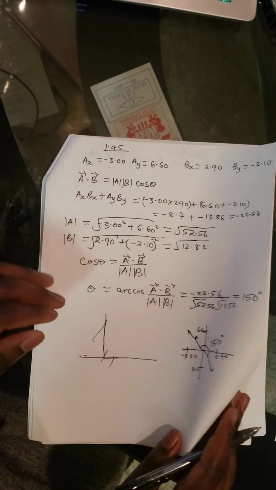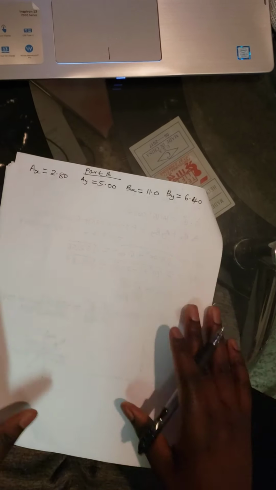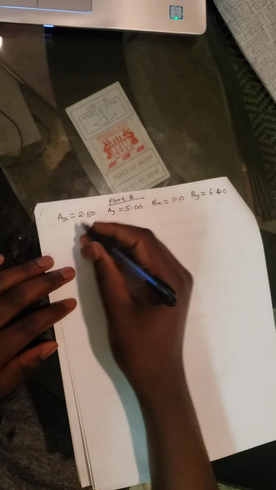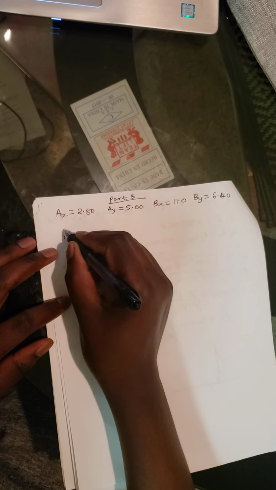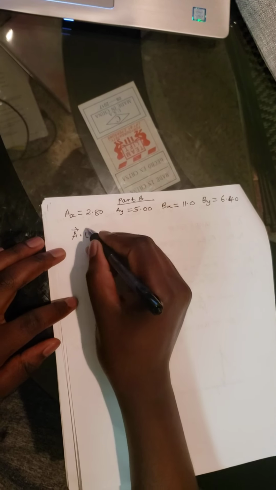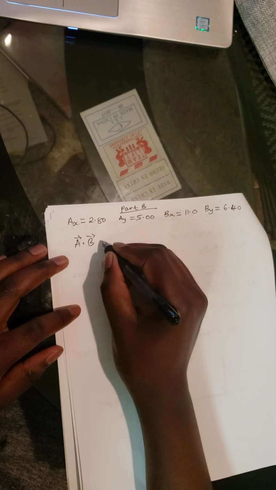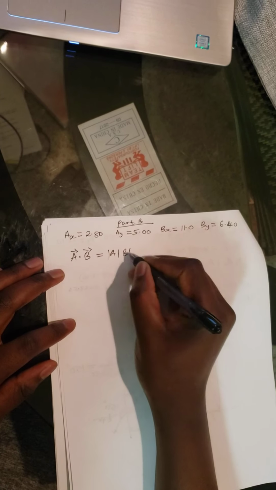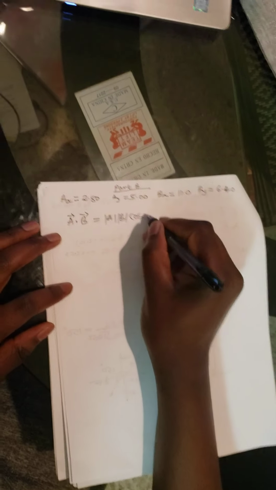So I'm going to go to part B, doing the same method. Same way we did part A, vector A dot vector B is equal to the magnitude of vector A and the magnitude of vector B, cosine theta.